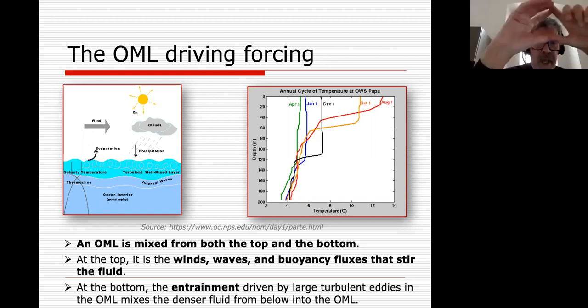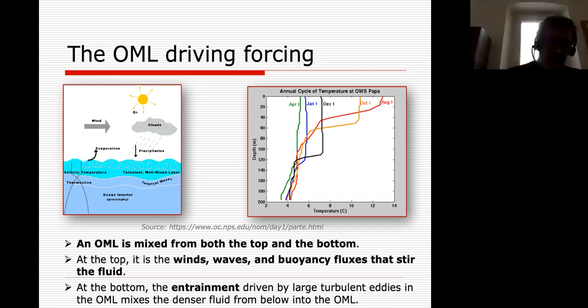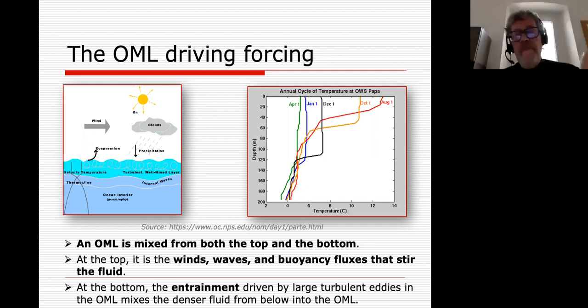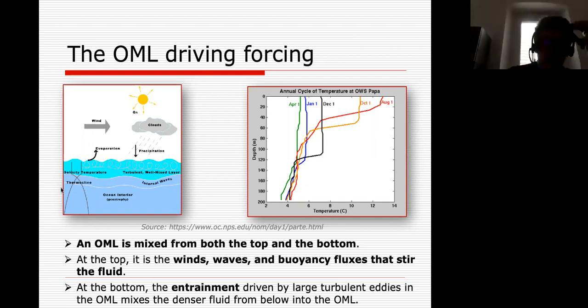So we have in the upper part a number of processes that tend to densify, like evaporation, or make lighter the upper part of the water column because of changes in the density due to temperature and precipitation.